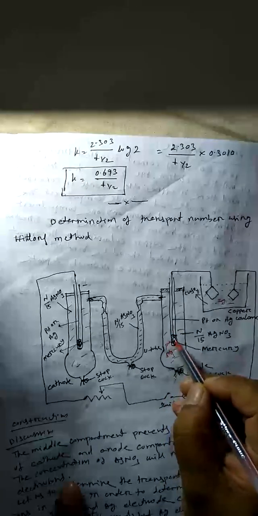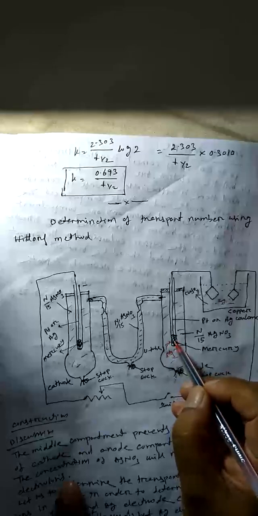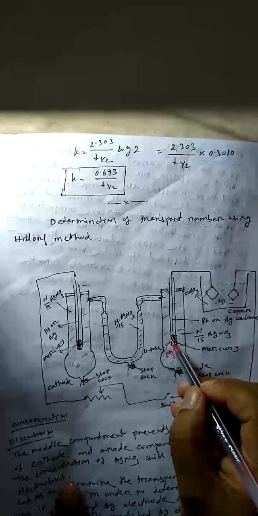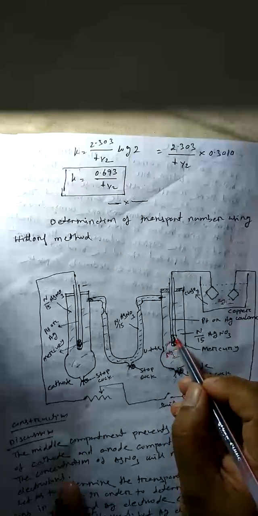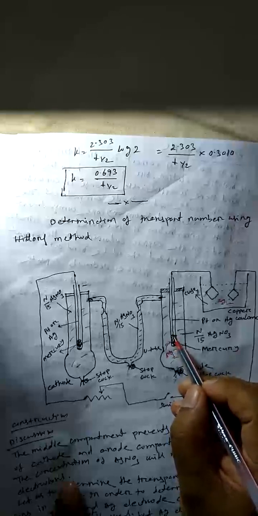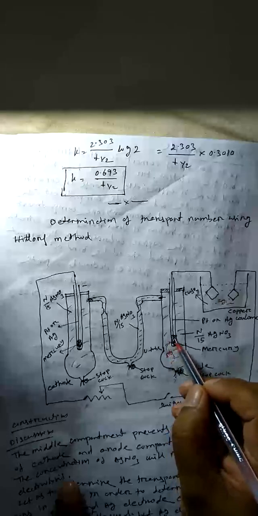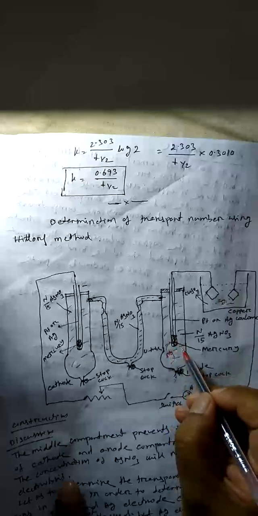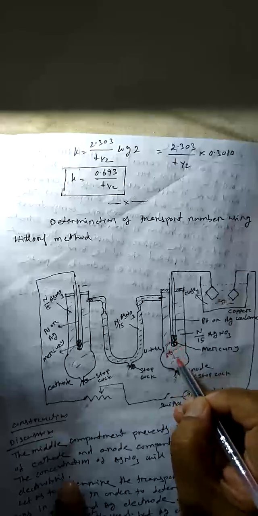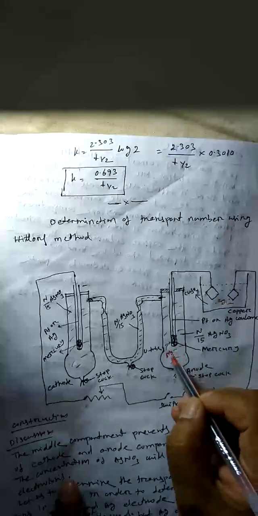Though the anion moves towards the anode, as platinum is an inert electrode, it will not release platinum, so it will not attack. That is why it is called not attacked electrode. But silver is an attacked electrode. So when nitrate ion moves towards the anode, it attacks the silver electrode and releases silver ions. Now the concentration of silver ion in the solution increases.